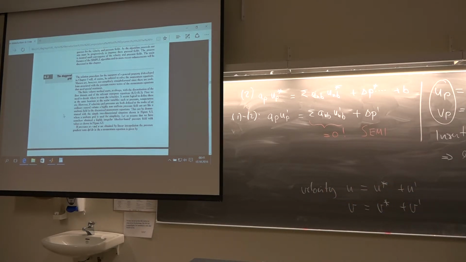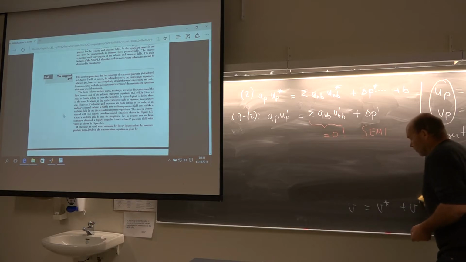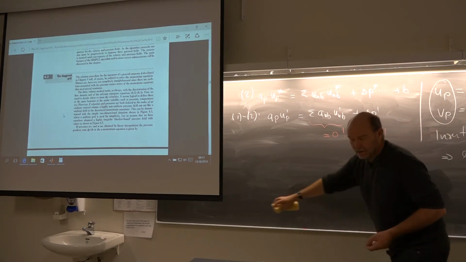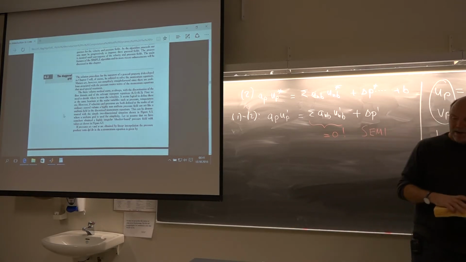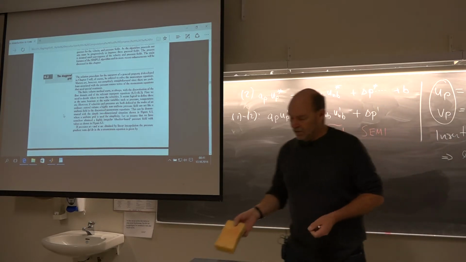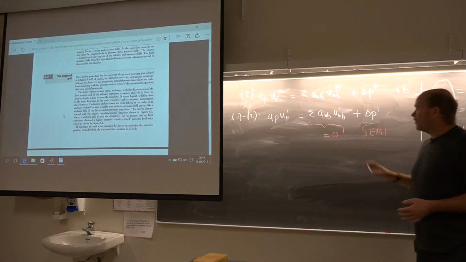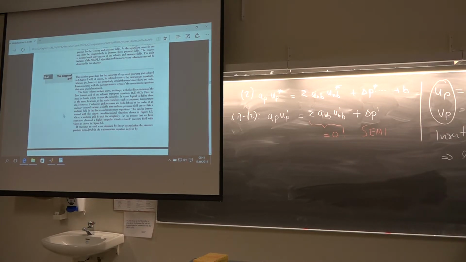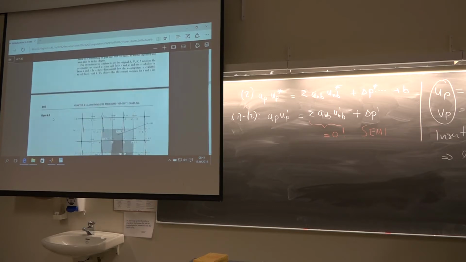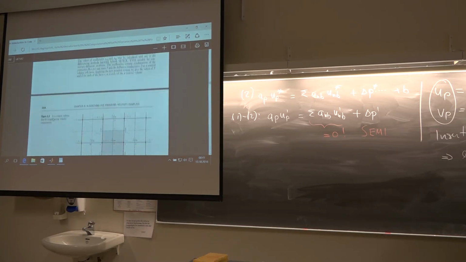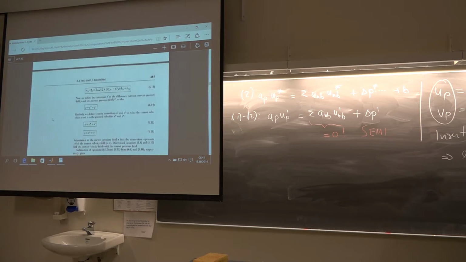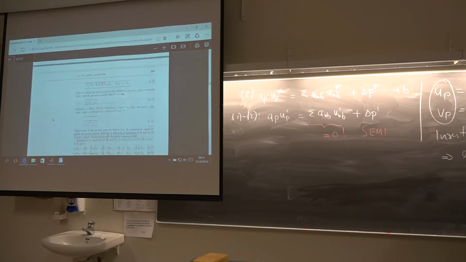Then you have a whole bunch of variants. You have something called SIMPLER, SIMPLEST, SIMPLEX, SIMPLEC, a whole bunch of them with small variations, small improvements. I think they use SIMPLER here, if I recall correctly. Let's see. SIMPLE algorithm.